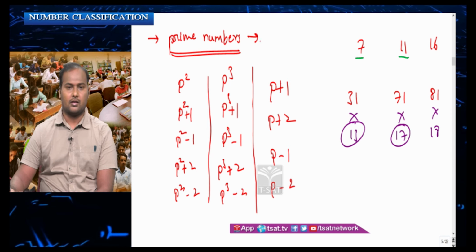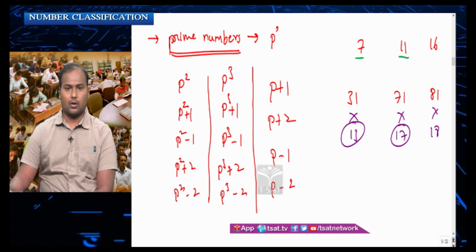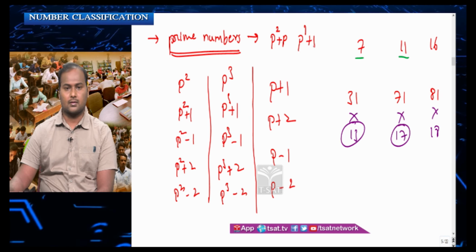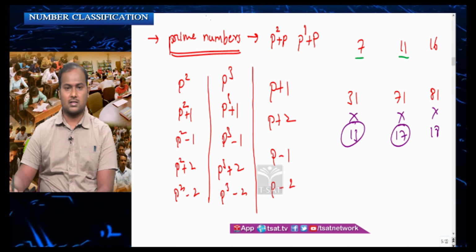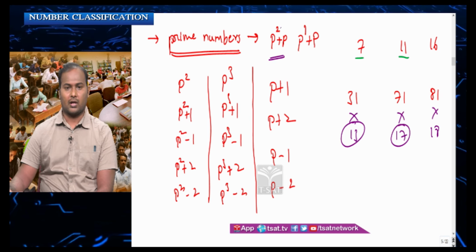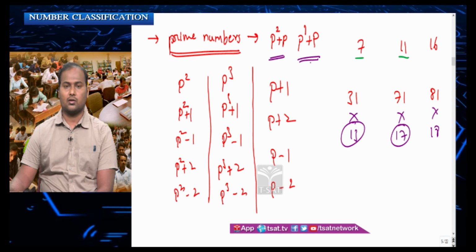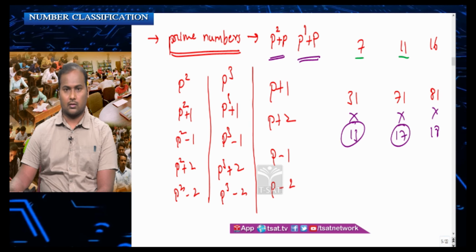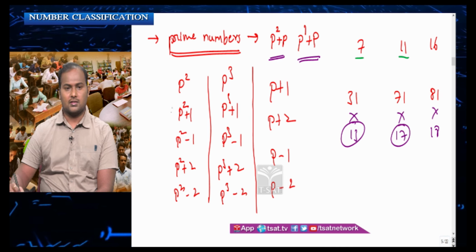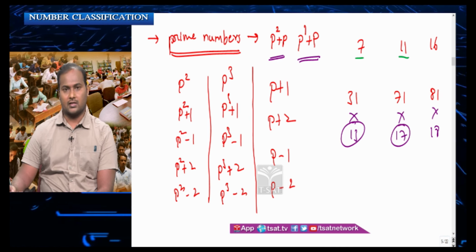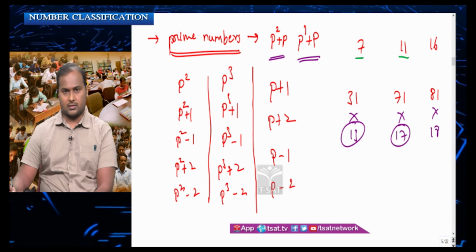And finally, he may ask prime number square plus p, and in the same way prime cube plus p. Whenever he asks a question in the format of prime square plus p and prime cube plus p, it appears to be a difficult kind of question. So all these are the different possible numbers he may ask in the exam to get the answer.